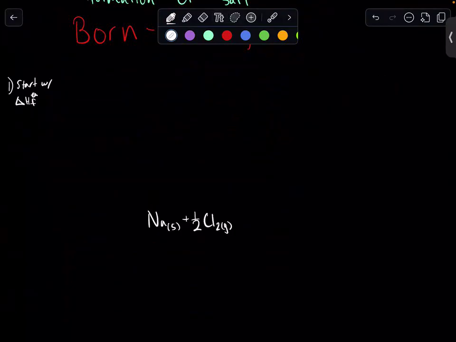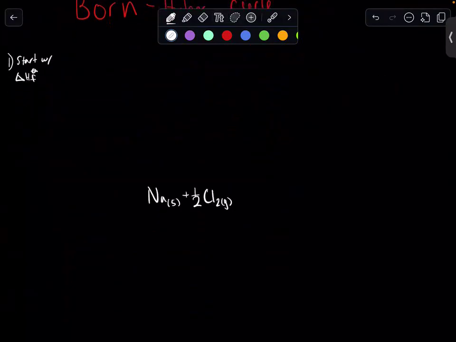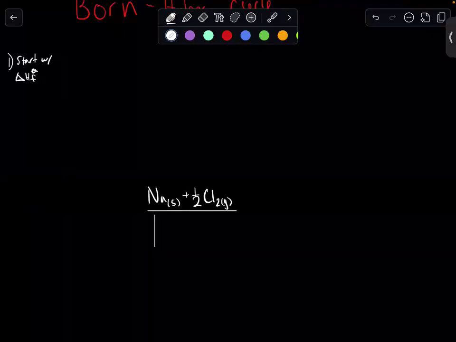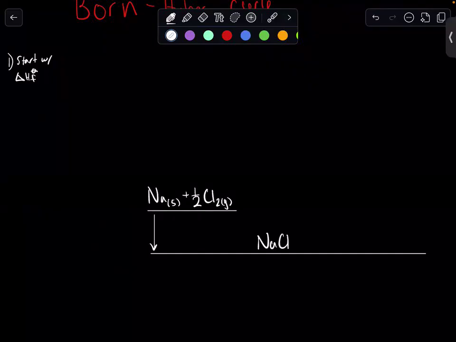And instead of going reacts to the right, I'm going to use arrows to demonstrate energy change. This reaction goes to create our salt, our salt being NaCl solid.